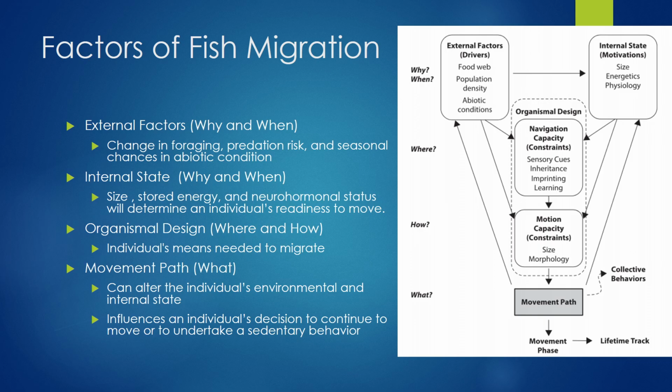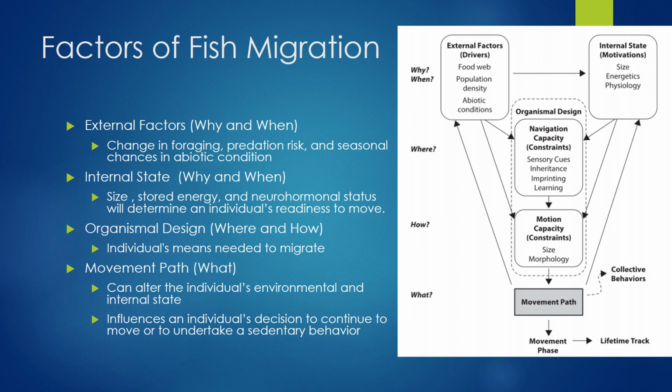For internal state, for the why and when, we're going to look at things such as size, energy storage, and physiology such as neurohormonal status. These all will determine the individual's readiness to move.